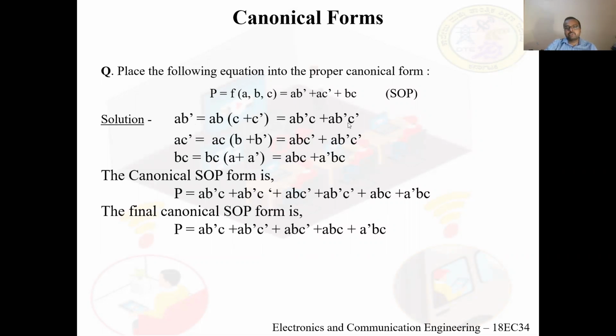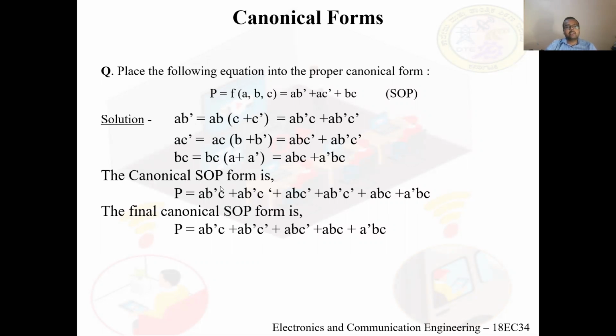Now with the help of distribution property, write it as AB bar C or AB bar C bar. Similarly, the second AND term AC bar is AC bar (B or B bar), so ABC bar or AB bar C bar. BC is equal to BC (A or A bar), which is equal to ABC plus A bar BC.